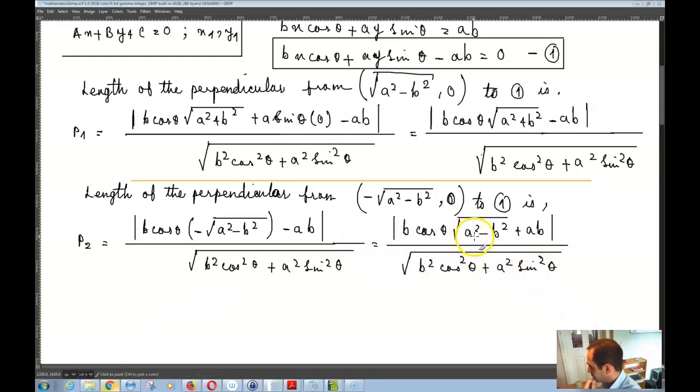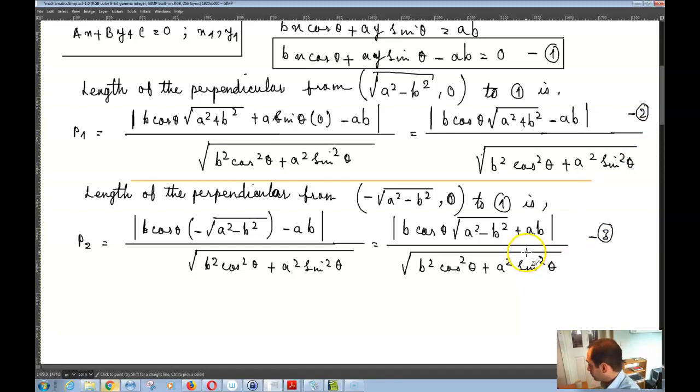Now I can call this equation number 2, and I can call the earlier equation number 3.